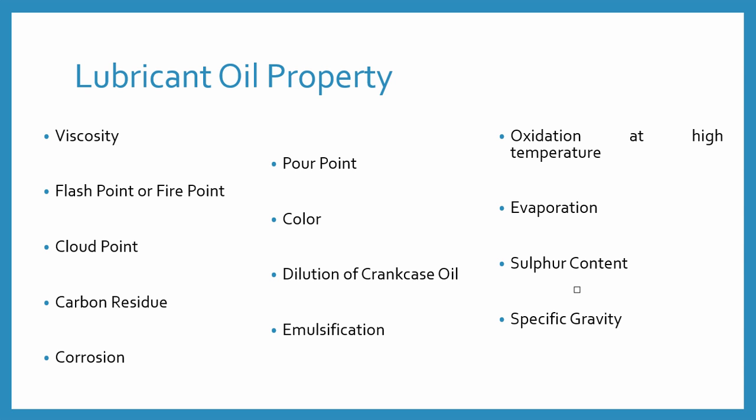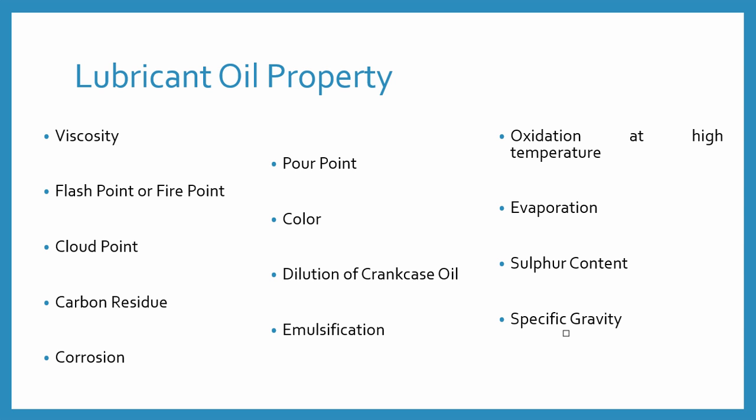Sulfur in a corrosive form is detrimental in the lubricating oil. Last one is the specific gravity. The specific gravity of lubricating oil varies considerably, and hence it should not be regarded as the main indication of its lubricating property.